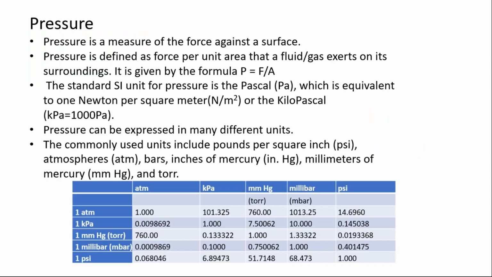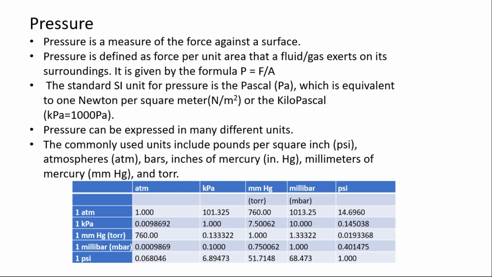Then we have pressure, used quite often in the laboratory, especially when we are dealing with vacuum. When you're using a vacuum oven or you're using a vacuum pump, you need to know what the pressure is. So the pressure is the force per unit area.